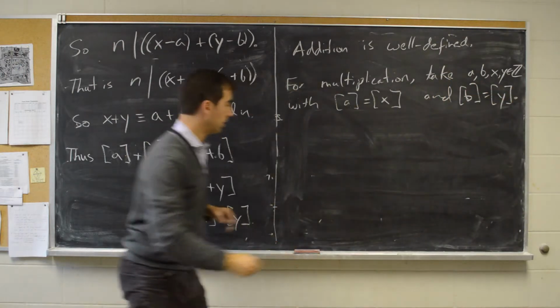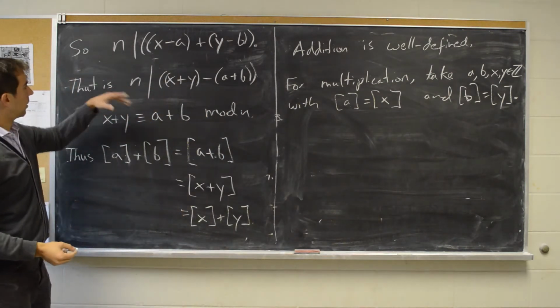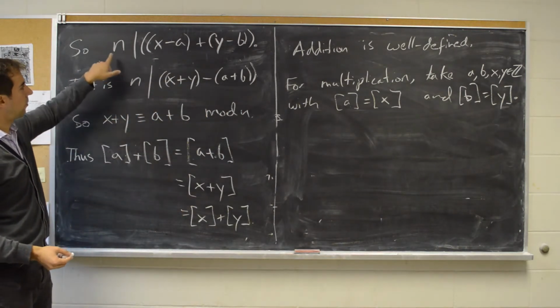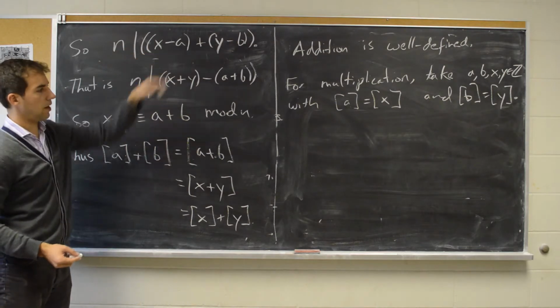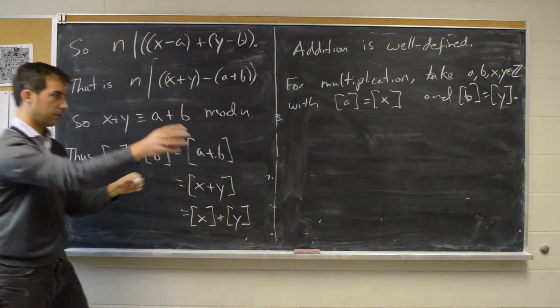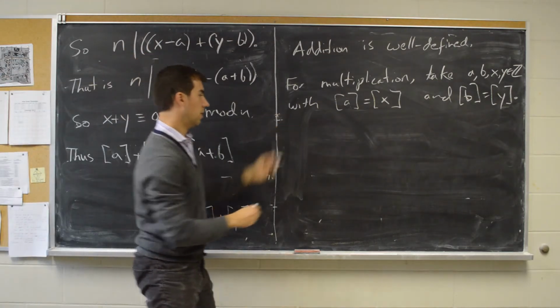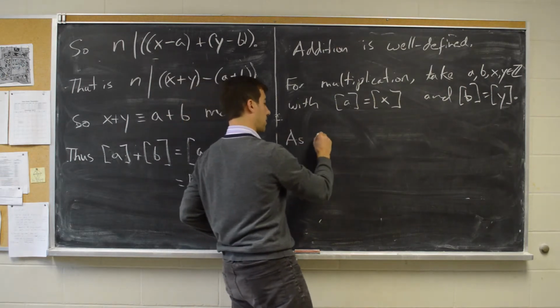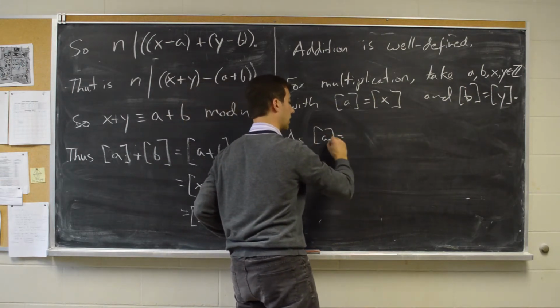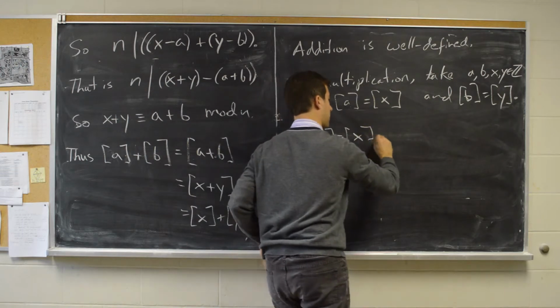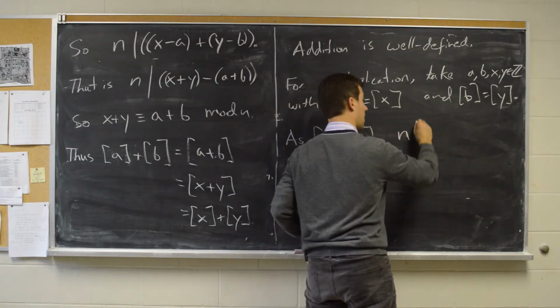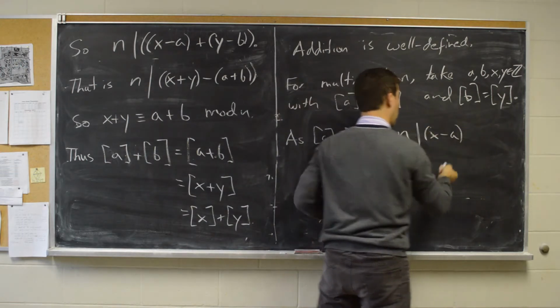Now this time we're going to have to get a little deeper. The deepest I went for addition was that I had to show that n was dividing x minus a. I'm going to go a little bit deeper with this and show even more information. You see, as these guys have the same equivalence class, we know that n divides x minus a. What does that really mean?